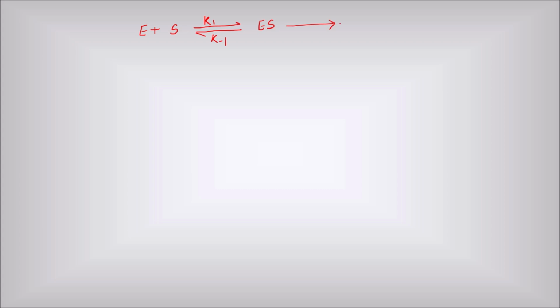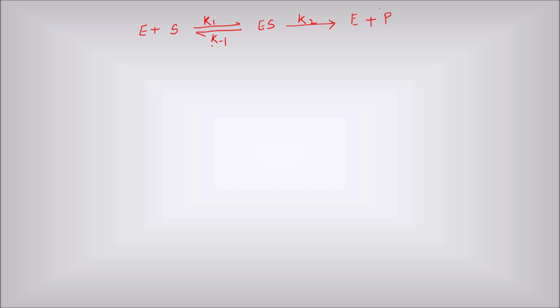And if proper conditions are there, then the enzyme substrate complex, instead of going backward with the rate constant k minus 1, will go forward to form the product with the rate constant k2, and form free enzyme as the product is released.